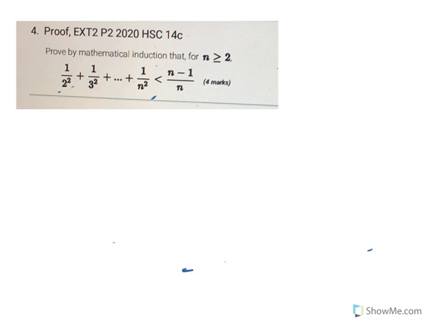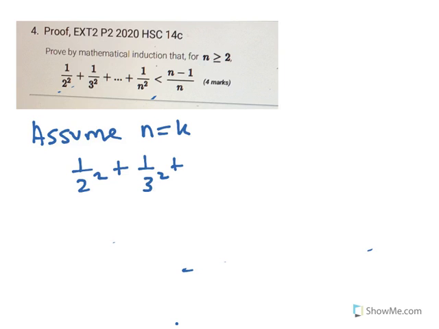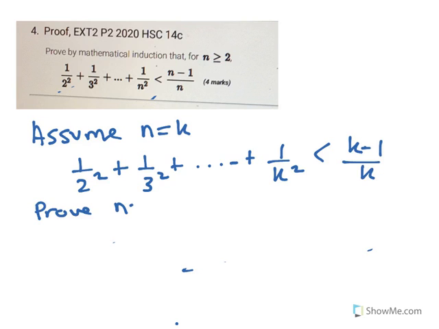Okay, so what we're going to do is assume for n equals k, so that's 1 on 2 squared plus 1 on 3 squared plus 1 on k squared is less than k minus 1 on k. I'm going to prove for n equals k plus 1.